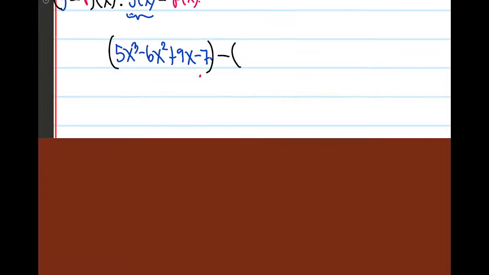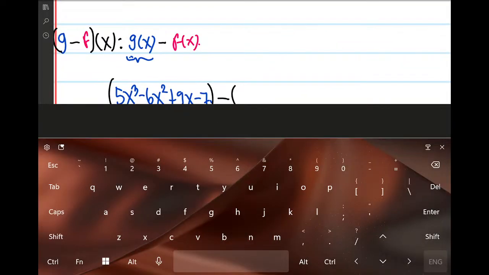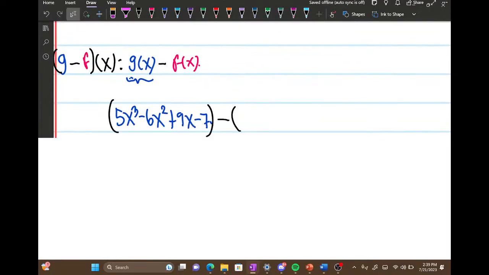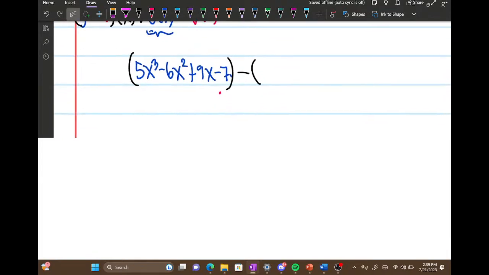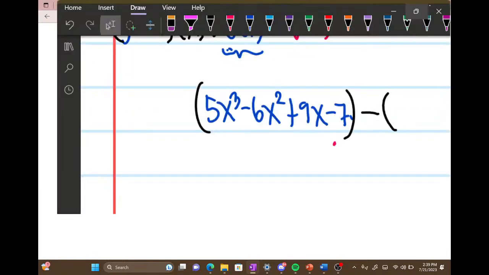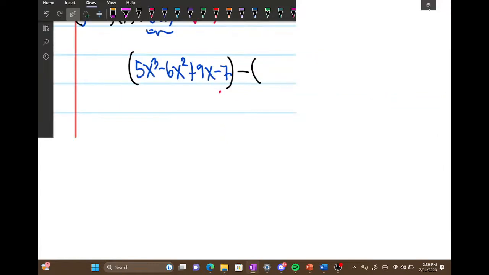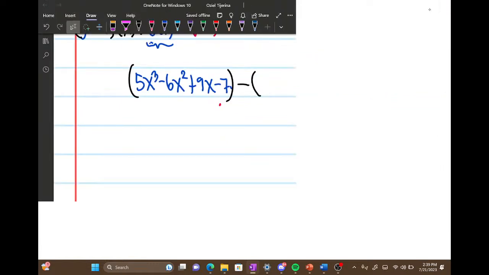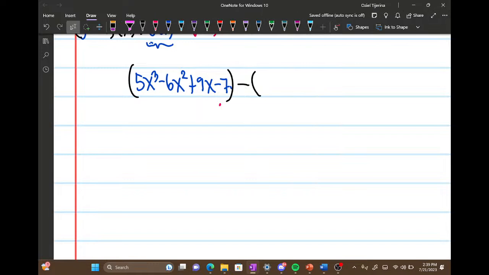So if we do that, we have minus and then parentheses. I'm sorry, guys. Oh my goodness gracious. I don't understand why it's having issues. I do want to apologize, guys.